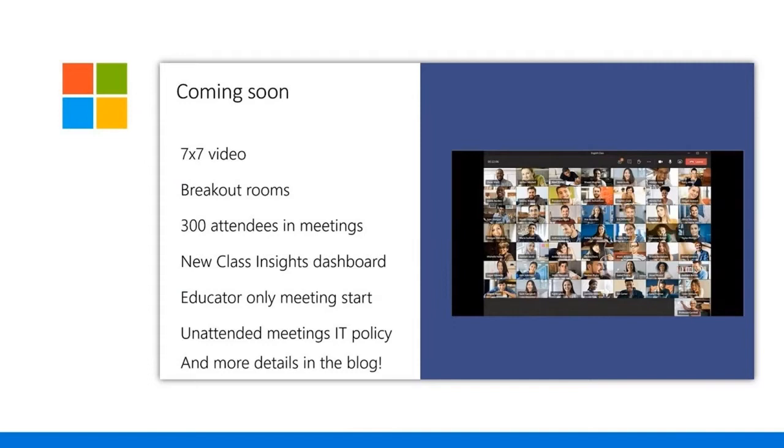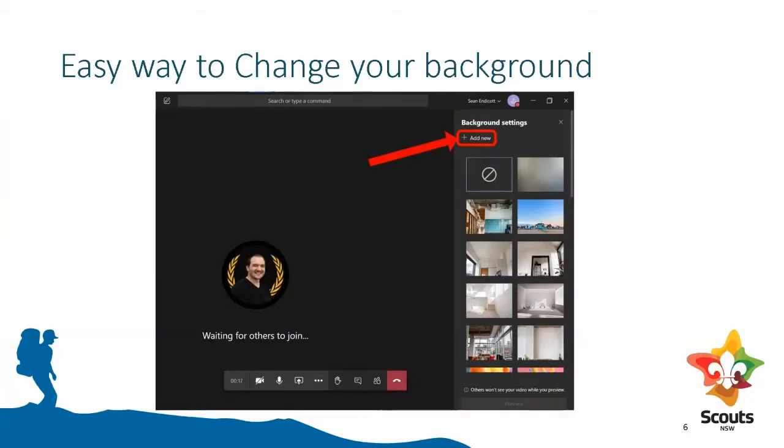And from Jared's perspective, there are new policies being rolled out, like unattended meetings and those sorts of things. It's good to see that Microsoft is investing in this product. During these difficult times, that means more features, and meeting online is going to be easier.